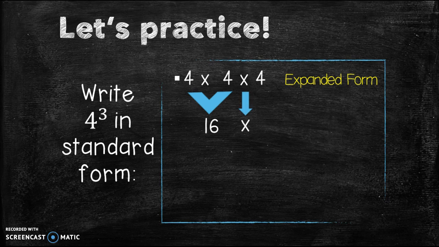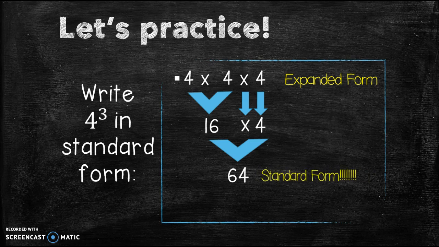Bring down our multiplication sign, bring down our 4. So now we need to do 16 times 4. That equals 64. So 64 is standard form. So 4 to the 3rd is the same thing as 4 times 4 times 4, which is the same thing as 64. Okay, just called something different.